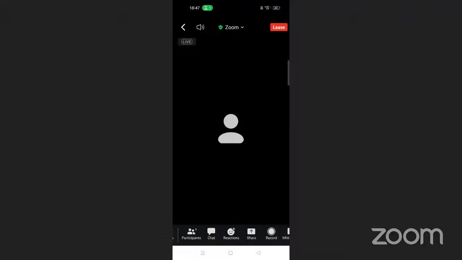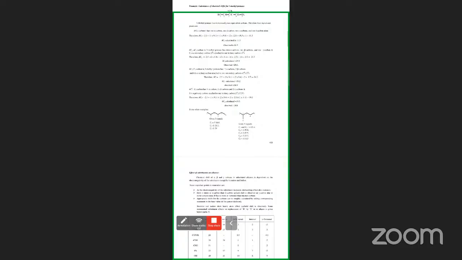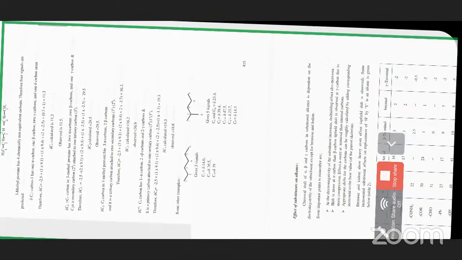So with these non-equivalent carbons, 1, 2, 3, 4. So there are four non-equivalent carbons here, and we'll do the calculation of this.